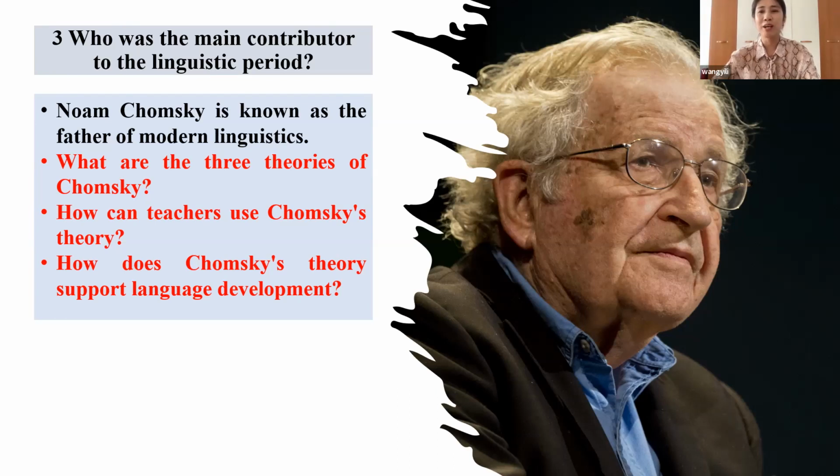Professor, I just want to have a try. Yes, thank you. How does Chomsky's theory support language development? Chomsky's generative transformational grammar says that each one of us, when we were born, has the ability, the competence to learn language, and it is fixed in our brain.